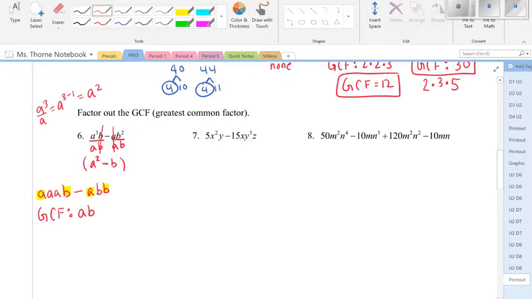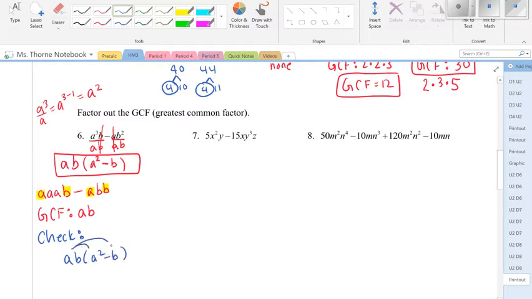So then the only other step we have to do is put the GCF in front. So ab times a squared minus b would be my factorization. And we could check our work. So if I have ab times a squared minus b, I can check by distributing ab times a squared.